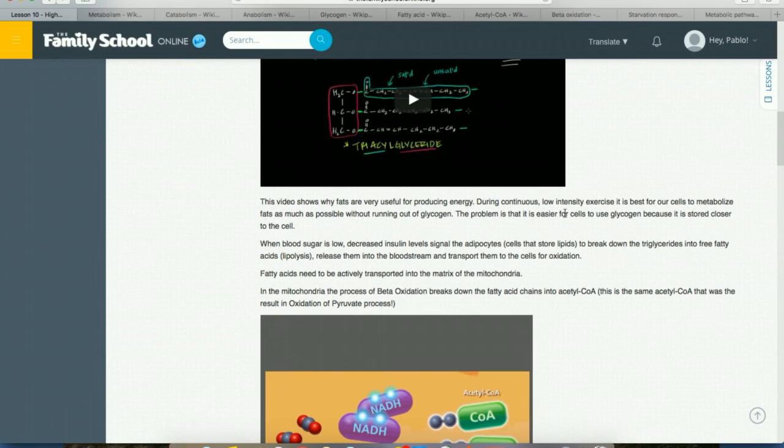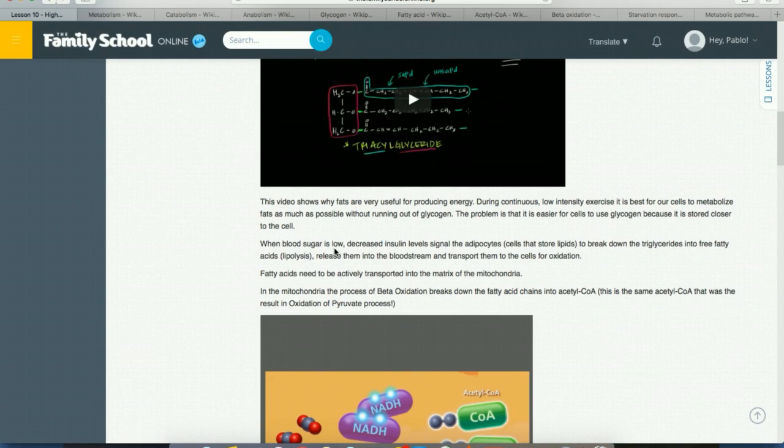During continuous low-intensity exercise, it is best for our cells to metabolize fats as much as possible without running out of glycogen. The problem is that it is easier for cells to use glycogen because it is stored closer to the cell.